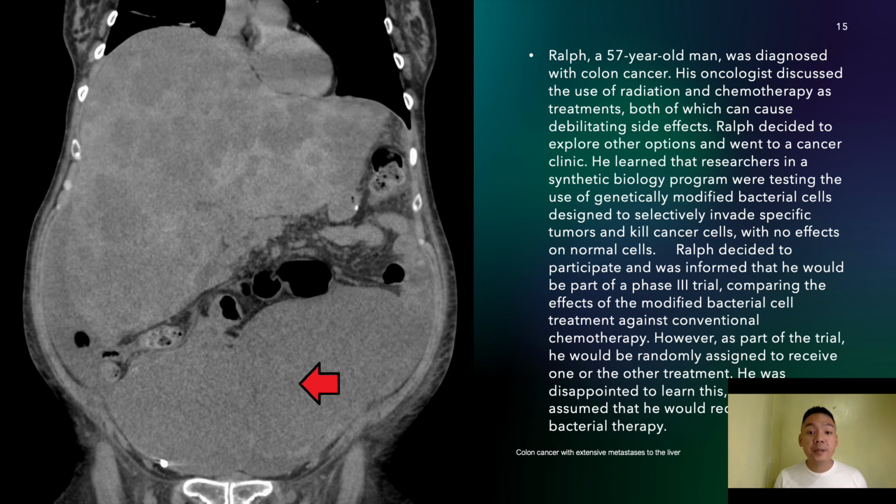Ralph decided to participate and was informed that he would be a part of the phase 3 trial, comparing the effects of a modified bacterial cell treatment against the conventional or harmful chemotherapy. However, as a part of the trial, he would be randomly assigned to receive one or the other treatment. He was very disappointed to learn this because he assumed that he would receive this bacterial therapy.